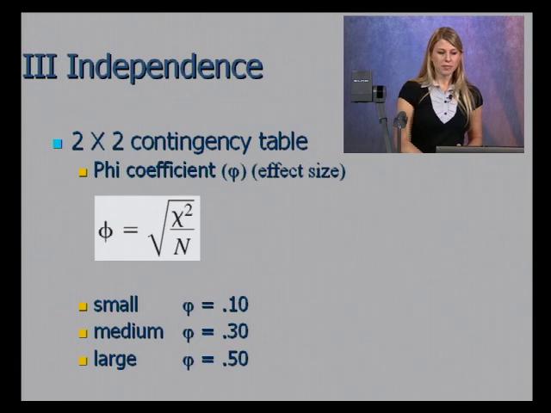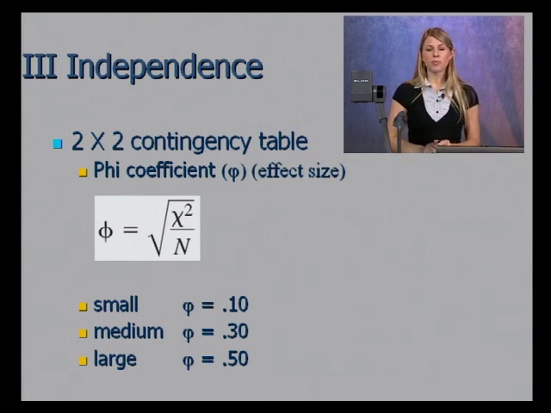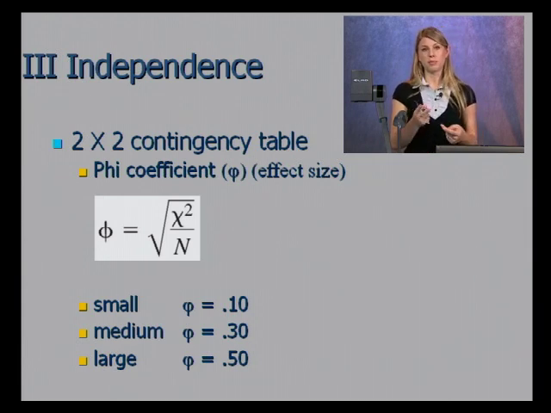Now, the effect size for a chi-square test of independence, if you have a 2 by 2 contingency table. What I mean by 2 by 2 is that you have two levels of each nominal variable, two levels in the row variable, two levels in the column variable, so you end up having 4 cells, just like the contingency table I showed you with hair color and eye color.